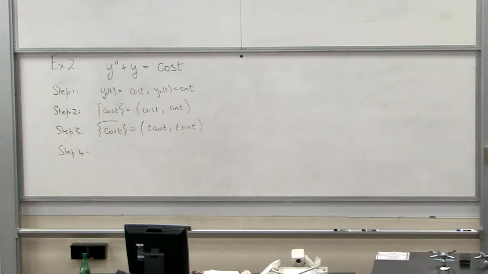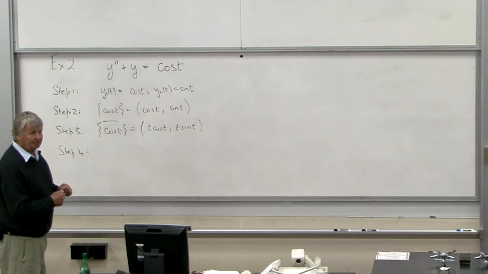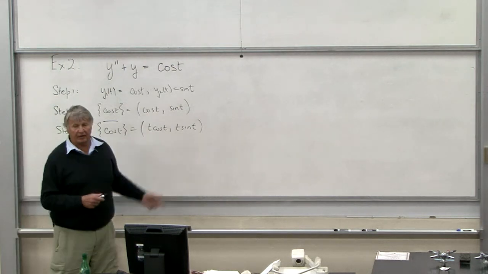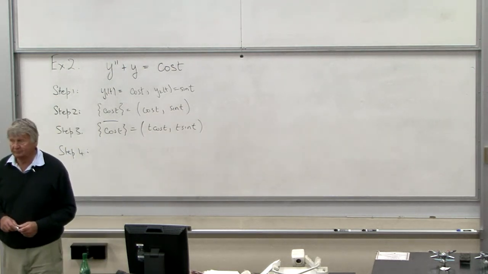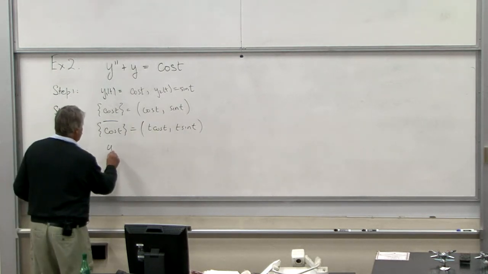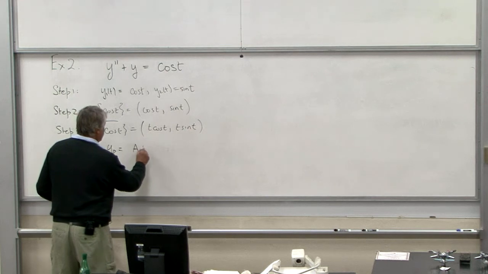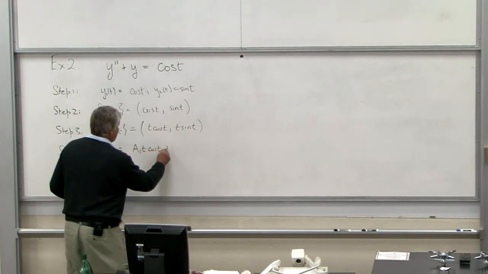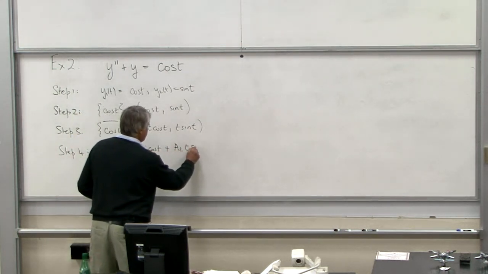No. So I've finished. I don't have to modify again. If they were, I'd have to multiply another t in. Okay, so now I seek solutions. yp is a1 t cosine t plus a2 t sine t.